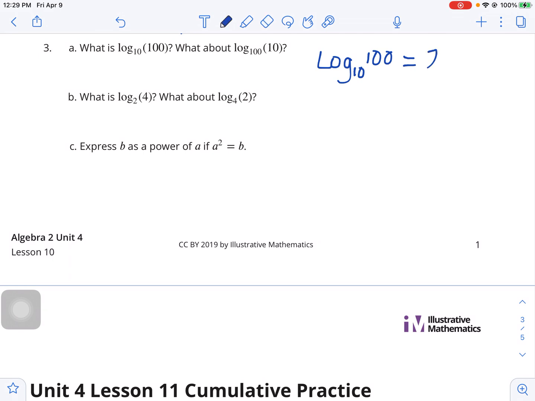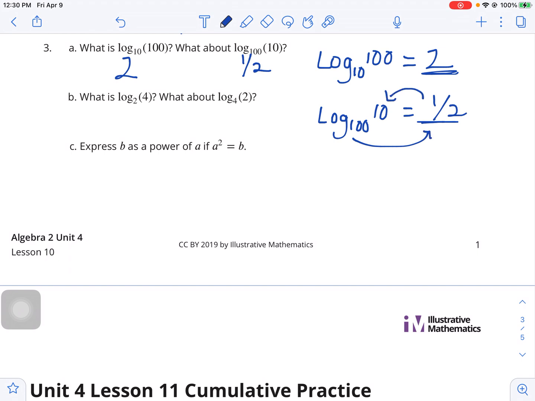That would be 2. So that's just 2. But then now we're going to have our log base 100. And what gives us a result of 10? Well, 100 to the 1/2 power, remember this is your exponent here, that will give you 10. 100 to the 1/2 power gives you 10. 10 to the 2nd power gives you 100. Just kind of go in a circle that way.